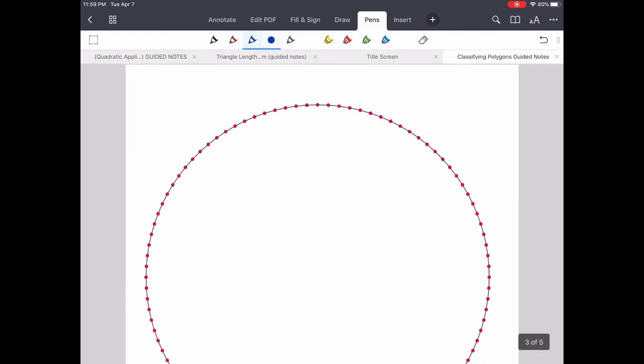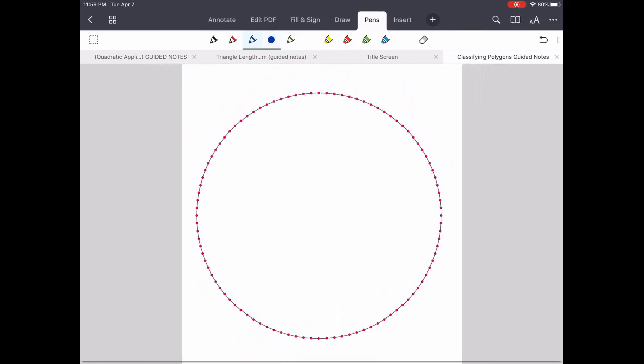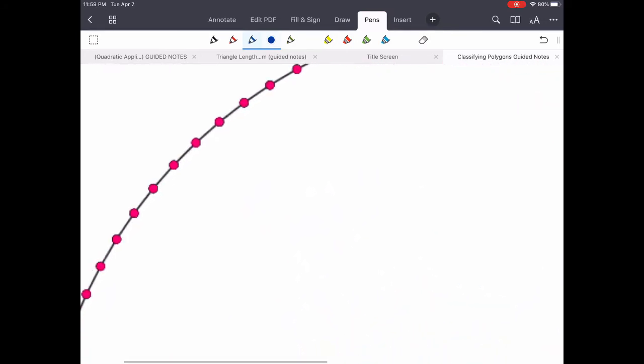And then just for kicks, I threw on here, right here, that's 100 sides, and that's called a heptagon. Some people are like, well, who are you fooling here? That definitely looks like a circle, and you're right, it definitely looks like a circle. I guess you could take my word for it.